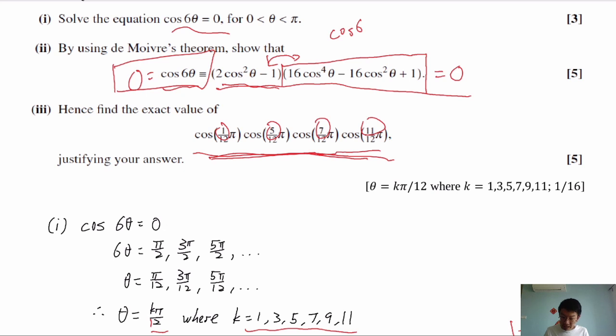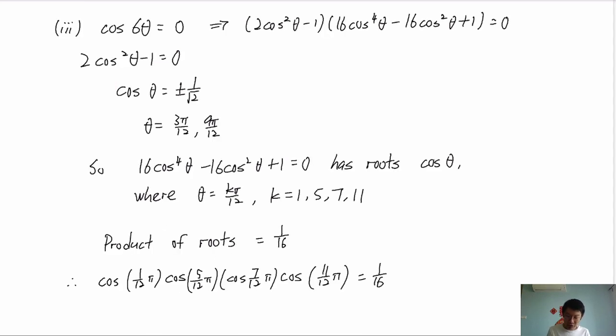So from there, if we look, there are 2 parts of the equation, right? If we look at the first part of the equation and make it 0, when we solve from there, we have 2 values, which are 3 pi over 12 and 9 pi over 12.